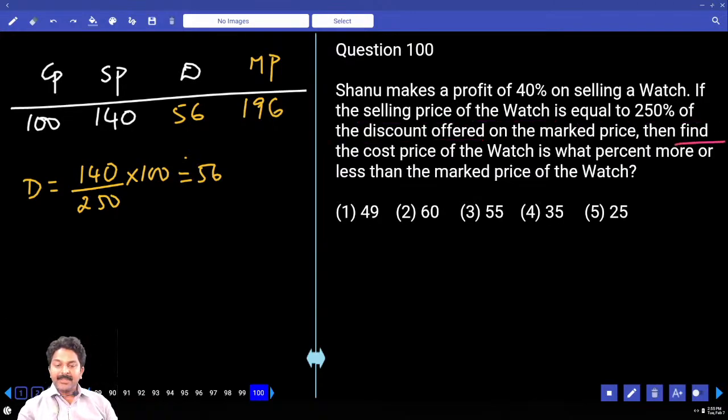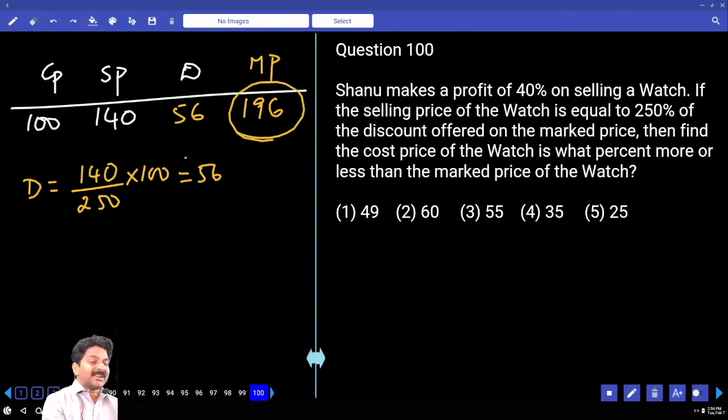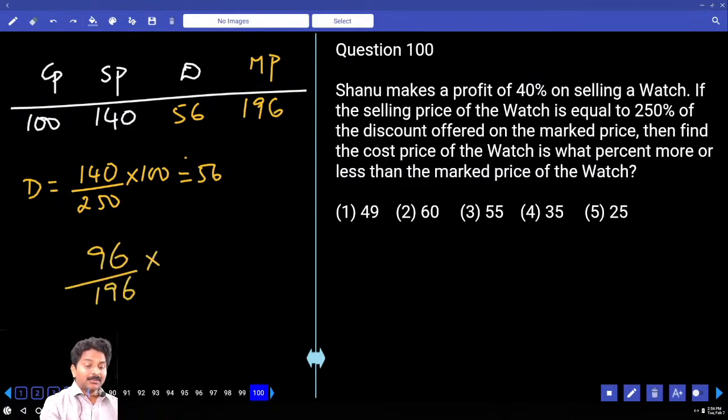Now find the cost price of the watch is what percent more or less than the market price of the watch. How much is the cost price? 100. Market price is 196. With respect to 196, is 100 more or less? Less. How much? This is your final answer.